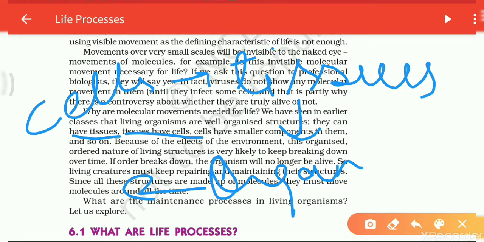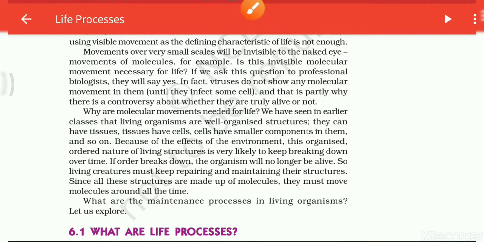That is the process in a living organism. So the organism has tissues, tissues have cells, and cells have smaller components in them, and so on.